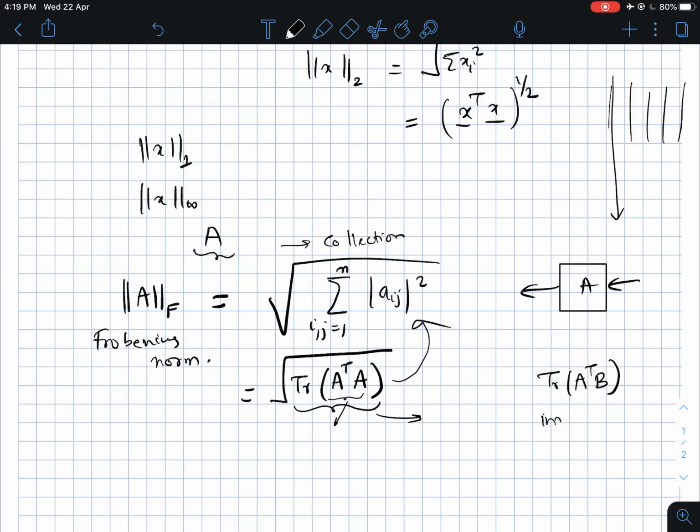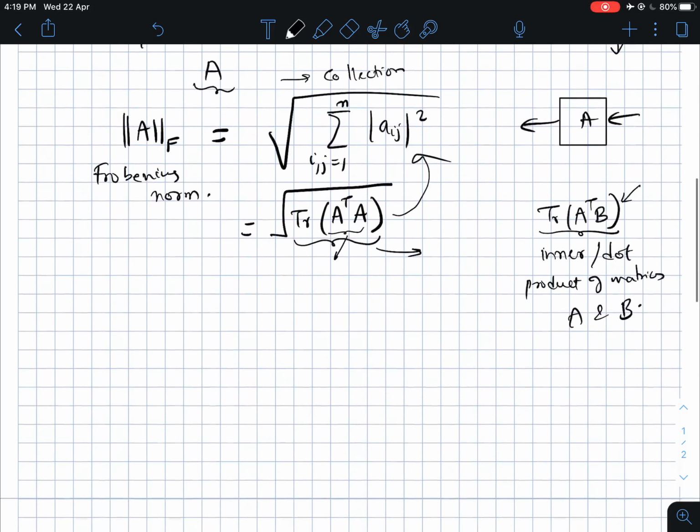Trace of A transpose B can be thought of as the inner product, or dot product, of matrices A and B. That intuition follows very easily if you realize that trace of A transpose B is nothing but taking every entry of A, multiplying with the corresponding entry in B, and summing them up. So it's effectively the inner product of matrices A and B when they are just treated as vectors, or stacked, when you just treat them as a rectangular arrangement.